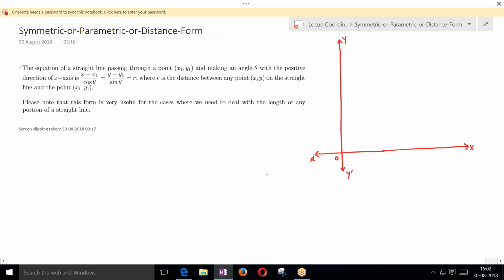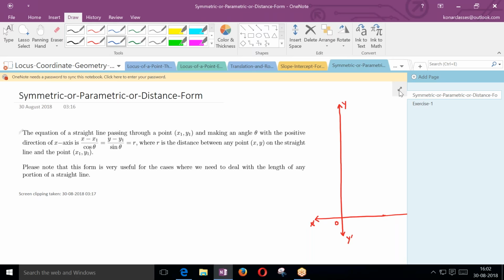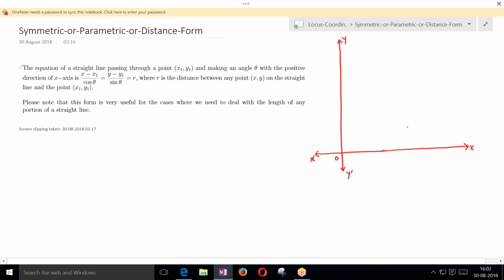So it is mentioning a straight line passing through a point x1 comma y1. Let me use a different color so that we can realize better. Consider this straight line, the straight line L dash, and it passes through a fixed point.